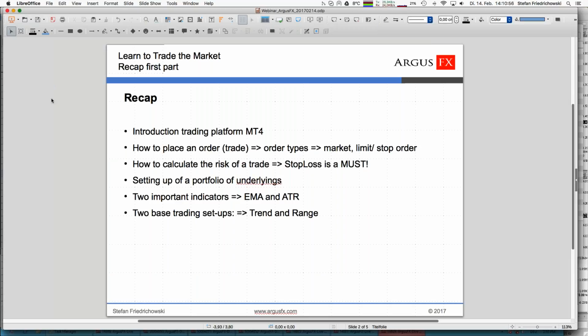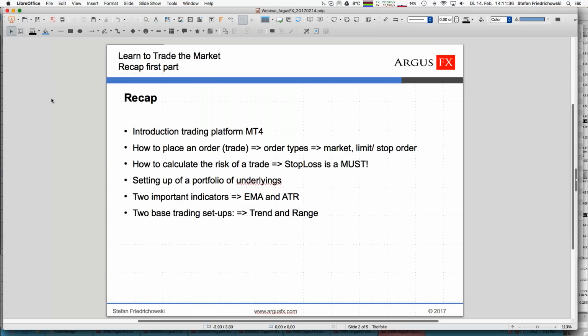Then we have introduced two base trading setups. You will learn more about trading setups during this webinar and the next webinars, but what we have done so far is that we have two views on the market. One is that we identify a market being in a trend behavior, so going up, going down, whatever. Or a market is more flat, which means the market builds a horizontal range.